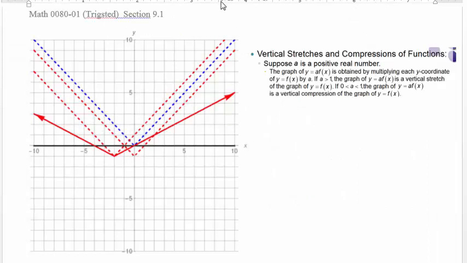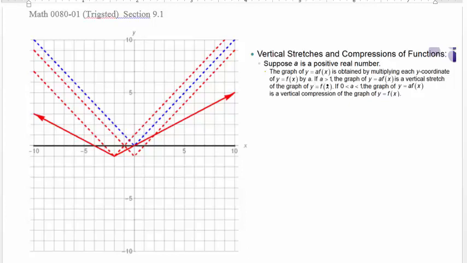So the last thing we need to look at is the vertical stretch and compression. And so here we see that if a is a positive real number, y equal a times f of x is obtained by multiplying each y coordinate of y equal f of x by a.